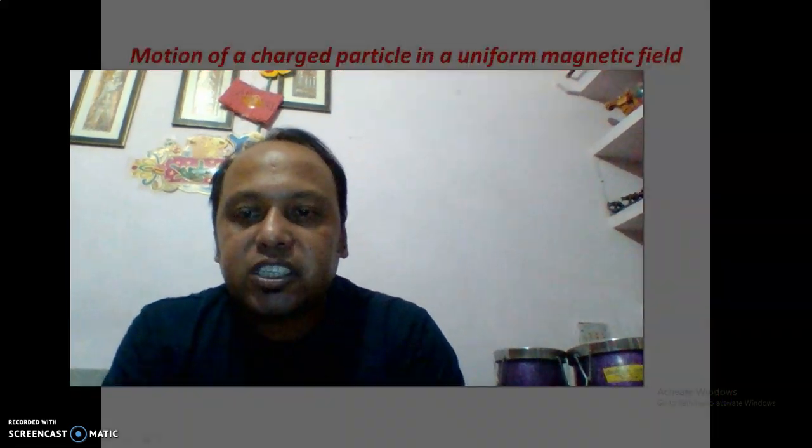So we are going to discuss at least 3 situations, where we will see that according to the angle which the charged particle makes with the magnetic field, it traverses a certain path. So let us see that.